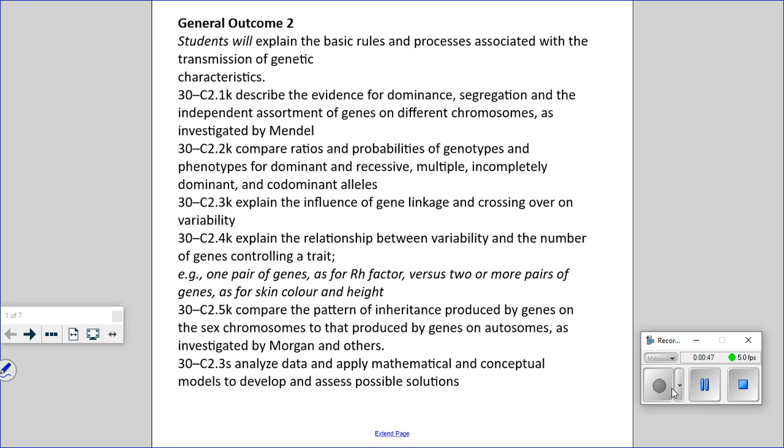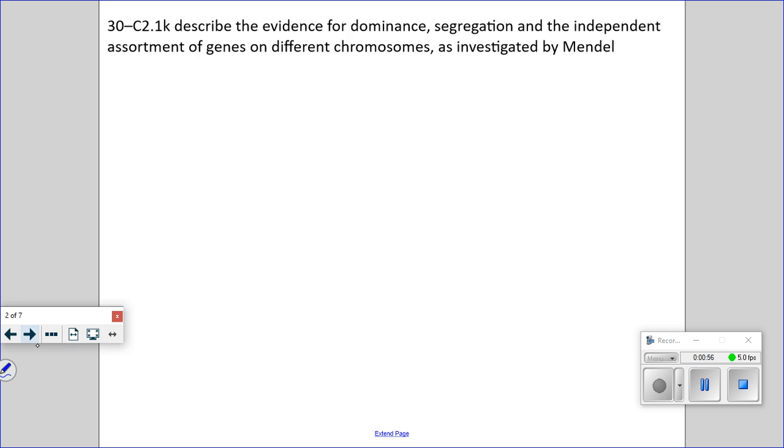So we're going to take a look at these outcomes that are listed here. I'll jot down a few things about what they're about, and you can ask questions if you have them. The first outcome talks about dominance, segregation, and independent assortment.